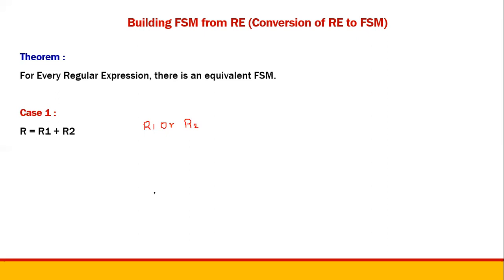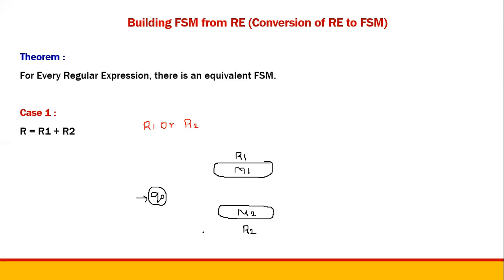So let us have one start state here, Q naught, and since the machine can accept either R1 or R2, let me write the first machine M1, which has a start state and a final state, and similarly one more machine M2. M1 is accepting regular expression 1 and M2 is accepting regular expression 2.